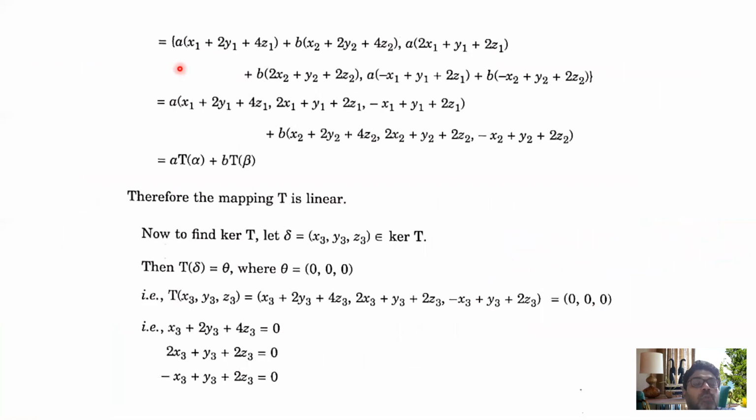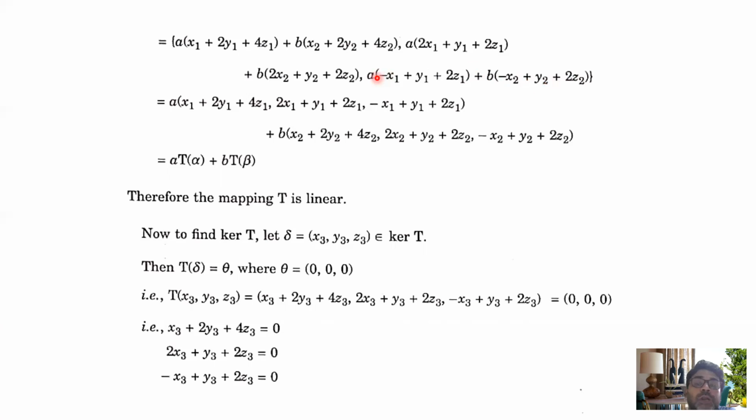Now if I take common A: A(x1 plus 2y1 plus 4z1) plus B(x2 plus 2y2 plus 4z2), comma, A(2x1 plus y1 plus 2z1) plus B(2x2 plus y2 plus 2z2), comma, A(minus x1 plus y1 plus 2z1) plus B(minus x2 plus y2 plus 2z2).